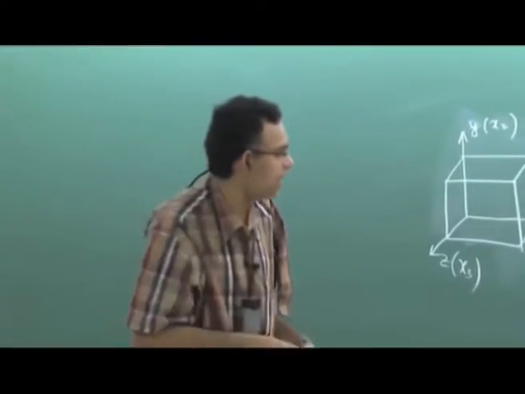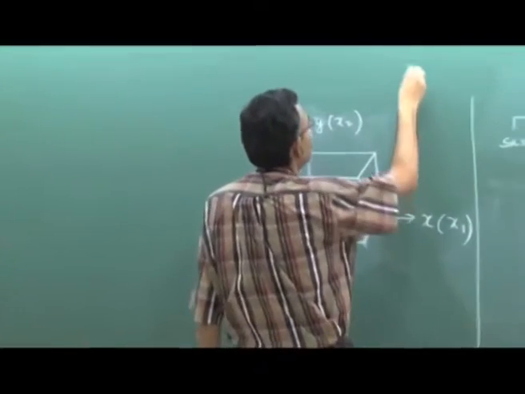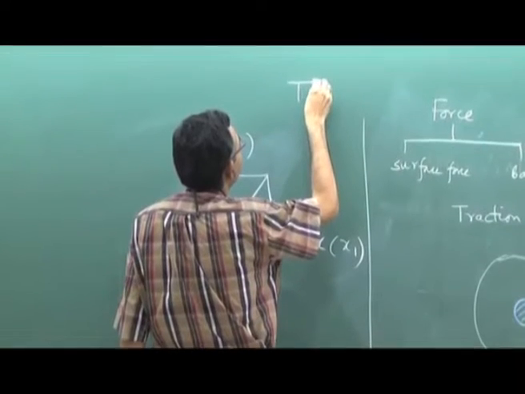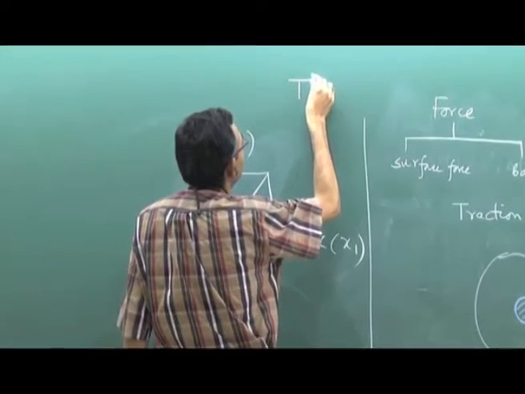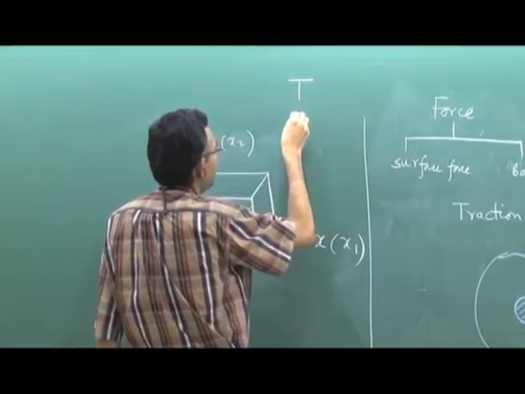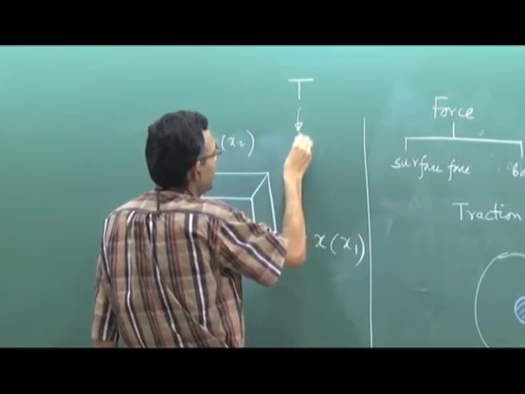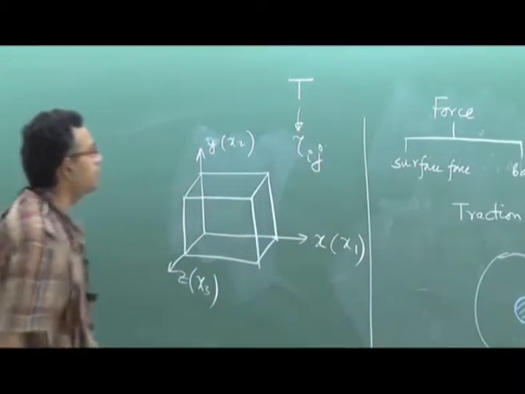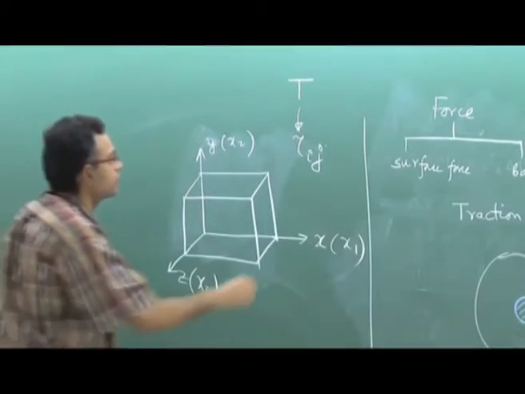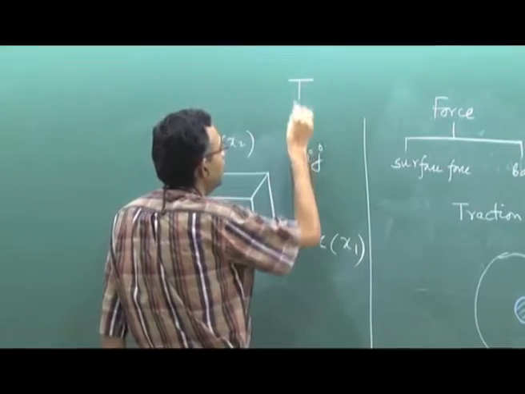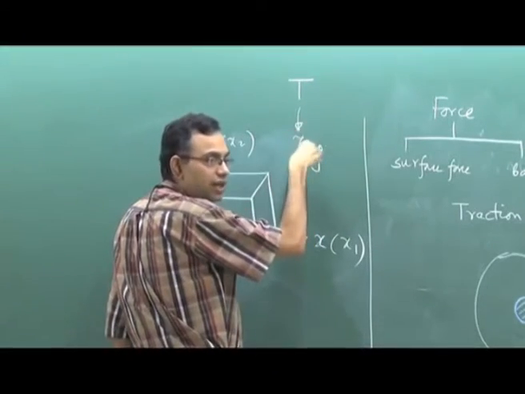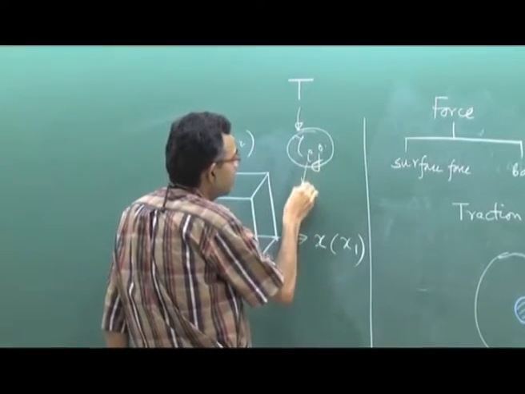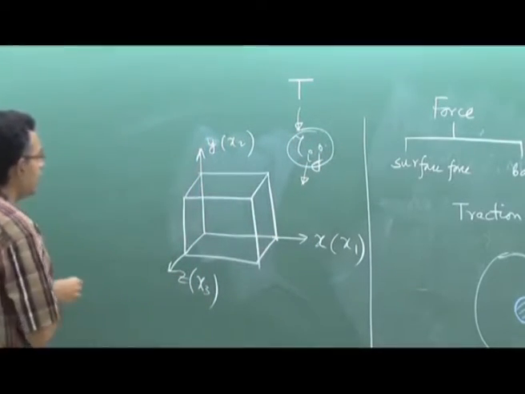So for this surface, this traction vector is alternatively replaced by a notation tau ij. What does this i indicate? I will write it separately.